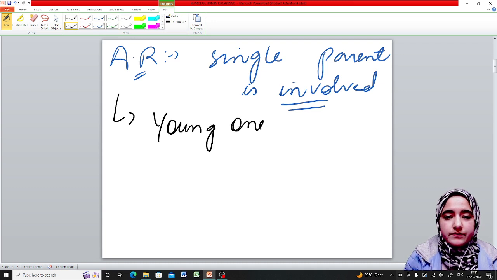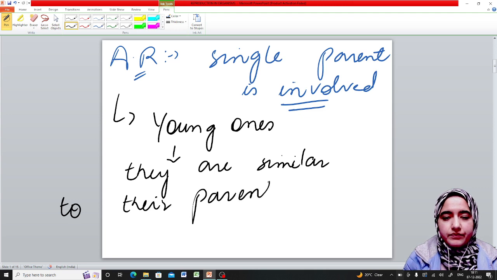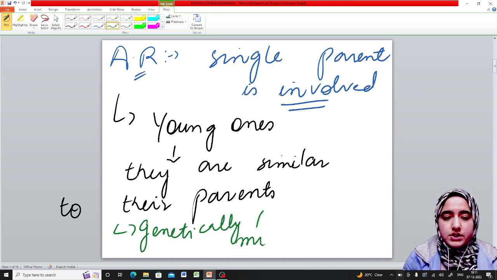Young ones, or we can say offspring, are similar to their parents, be that genetically or morphologically.